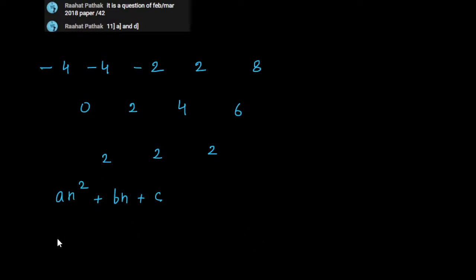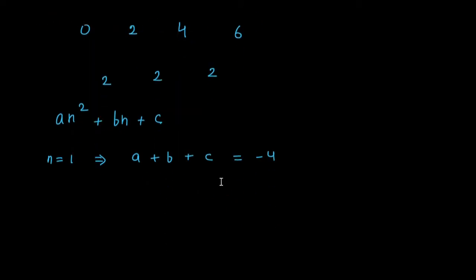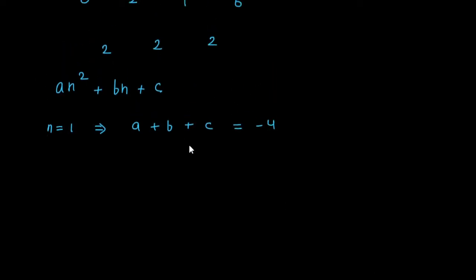Now, if I choose different values of n, for n is equal to 1, I get an equation a plus b plus c is equal to minus 4. This is the first equation.